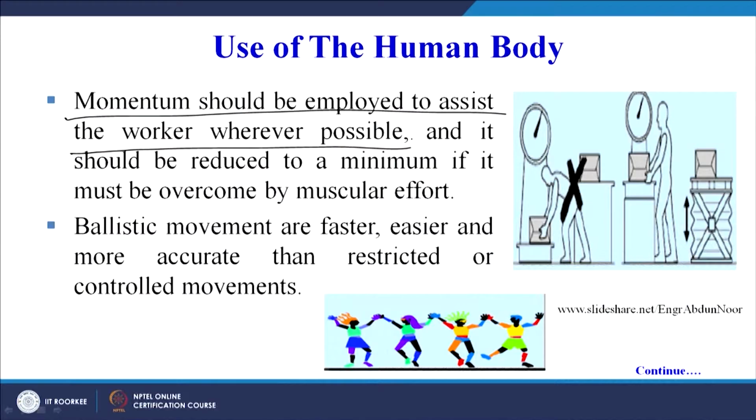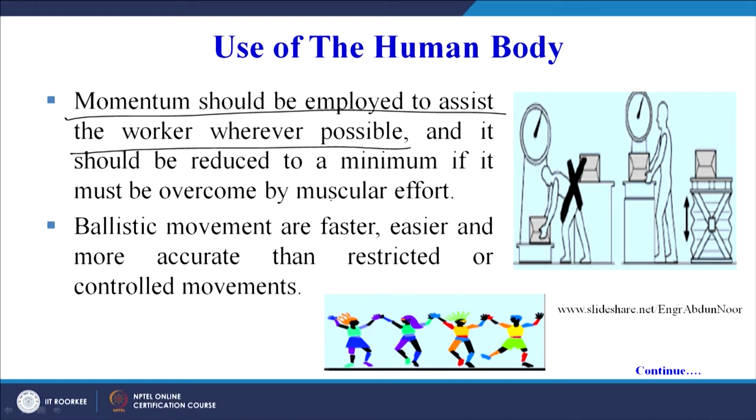That type of equipment, if possible, can be given as assistive devices to the workers so that it can help them perform their task in a better manner and reduce their fatigue. So momentum must be employed to assist the workers wherever possible, and it should be reduced to a minimum if it must be overcome by muscular effort. If there is an opposite effect happening, then it must be avoided.